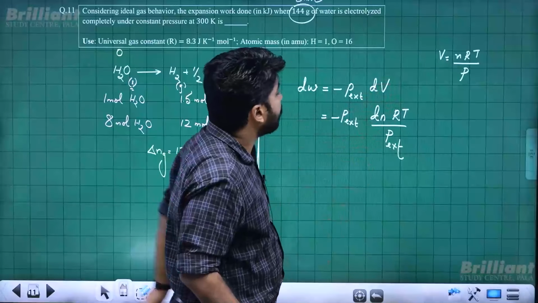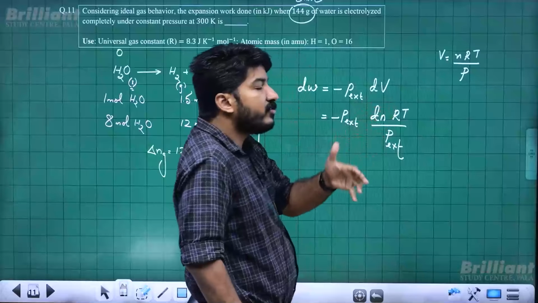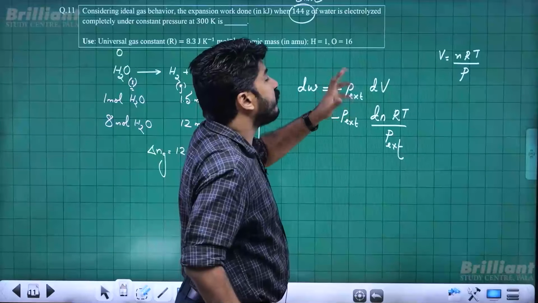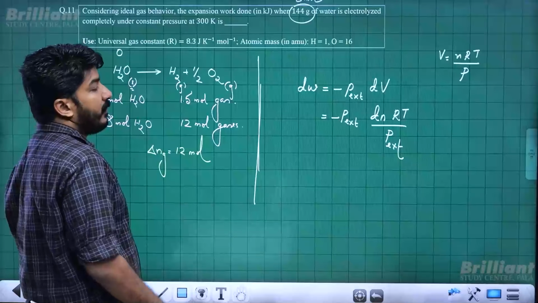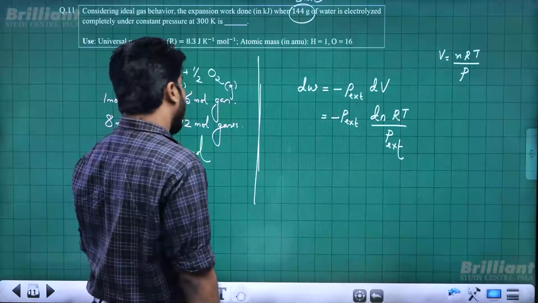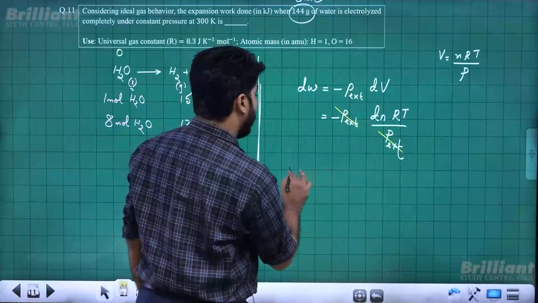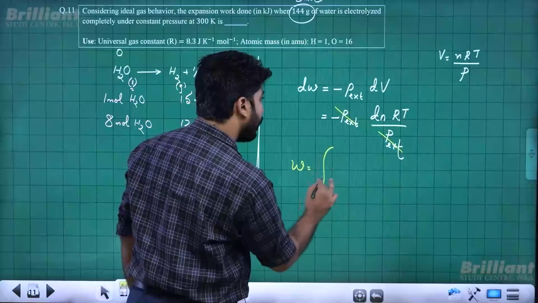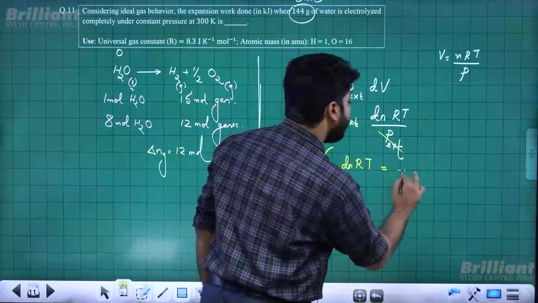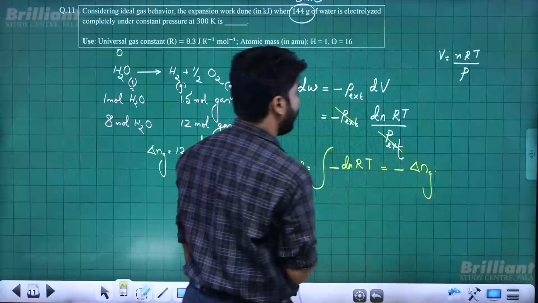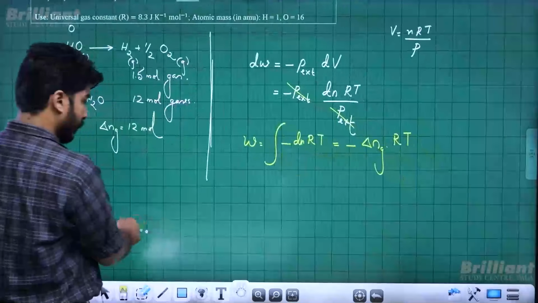So dW is always minus P external dV, and in certain special cases, it is going to be minus P gas dV, that is, same pressure condition cases, the reversible case. All right. So here, P external cancels out, and total work done will be integral minus dN RT. RT is a constant, so minus delta Ng RT is the work done for this process.